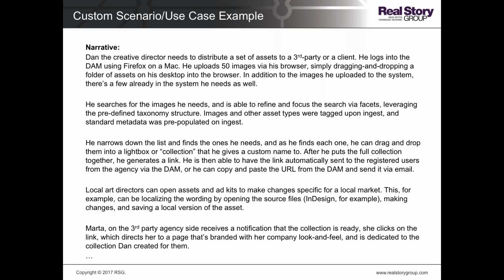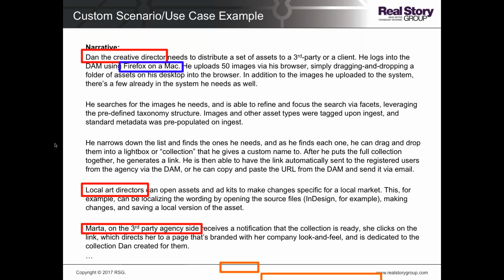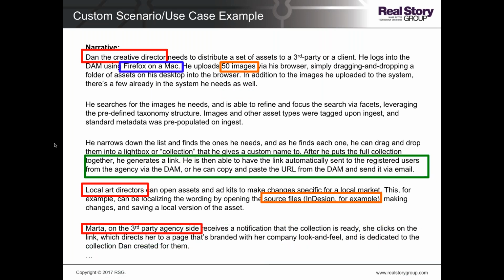case scenario. So here's an example where we have a narrative use case laid out where we try to highlight some real actors, some real roles within your organization, some real environments that your people might be working within, some real types of content, and some real processes.